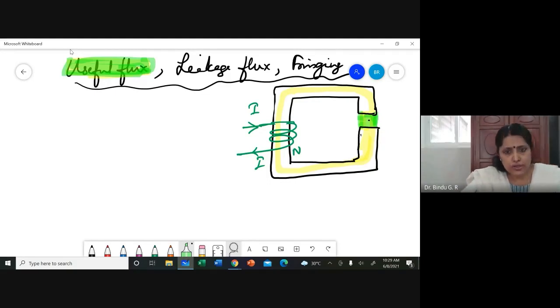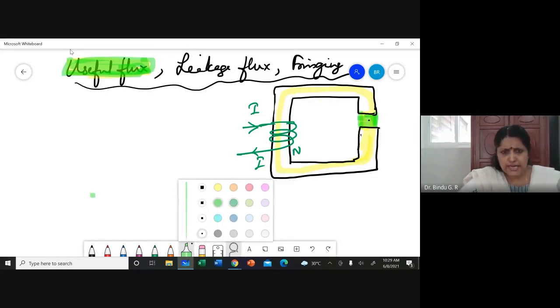Now, you should also remember that the total flux produced, and now we come to leakage flux. What is leakage flux then? Now, we know that air is also a good conductor of flux. So even though we provide a magnetic circuit in the form of a core, air doesn't know there are certain disobedient flux lines there, some tough guys who do not want to go along the actual path.